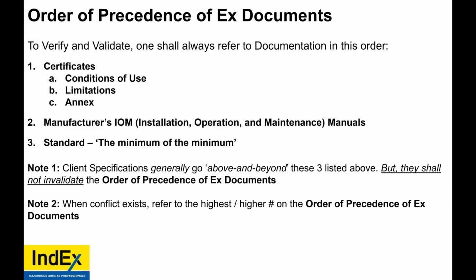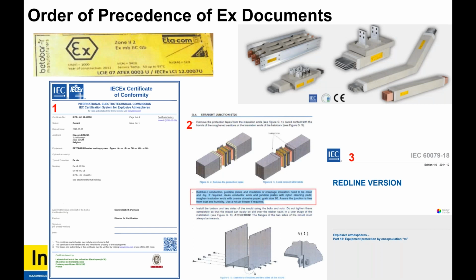Have you read the certificate? Have you read the IOMs? Next, client specifications shall go above and beyond or meet these three above, but shall not invalidate. Where a conflict exists, you will refer to the highest number. Certificate overrules them all.